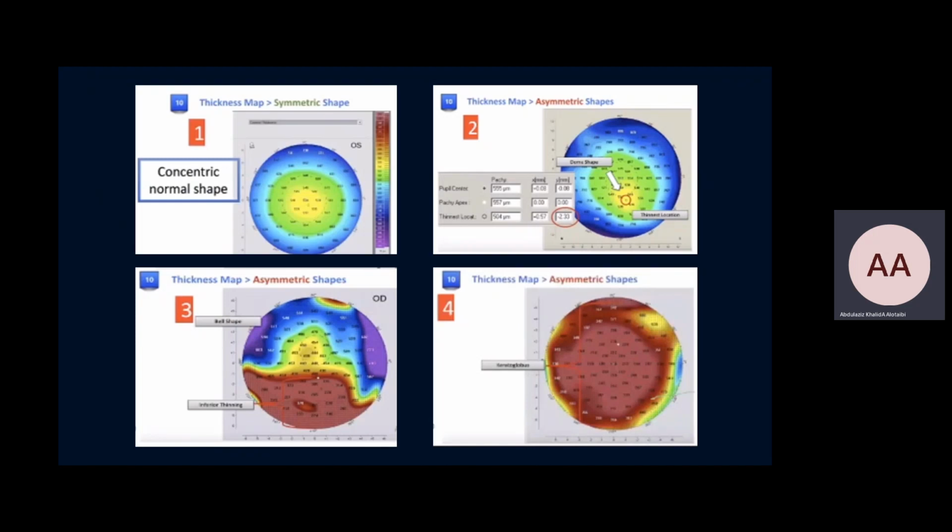Why is that important for us, the Y axis? Y is the superior and inferior. This is what we care about if we suspect keratoconus. If you want to do refractive surgery for your patients and you suspect keratoconus, you will see inferior displacement of your thinnest location, and you will find it in this table at the Y axis. This is very important to grasp. If you grasp this today, this is enough for us.